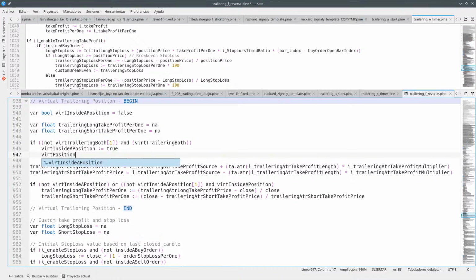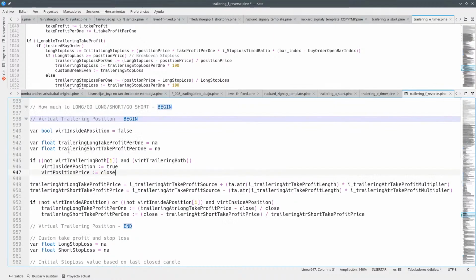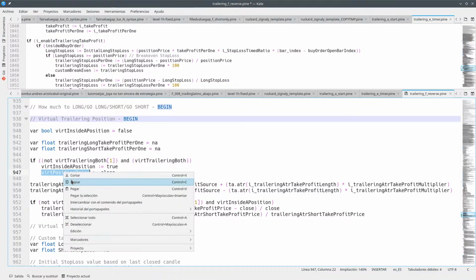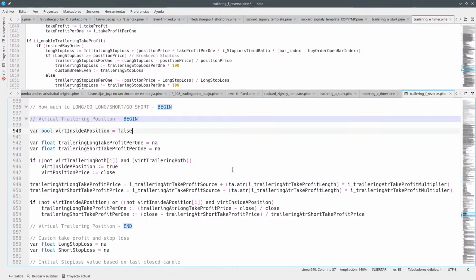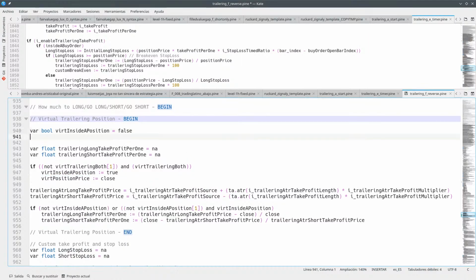So we need this to be a nice thing, so this should be close, because that's what it is, and this should be a float variable, if you ask me.